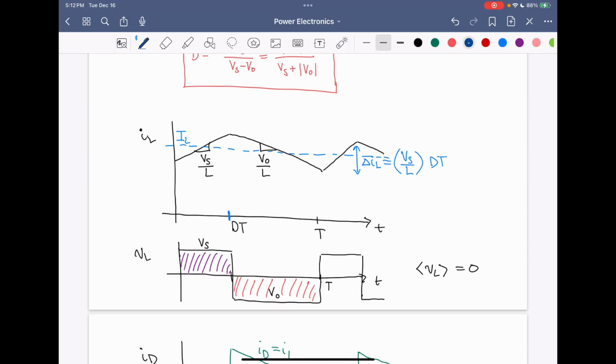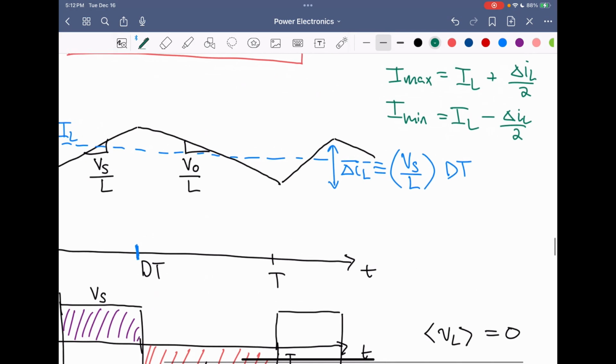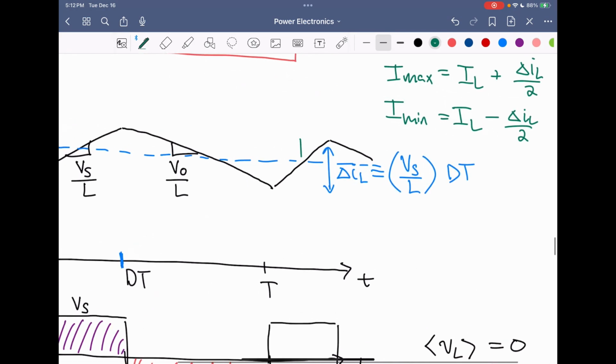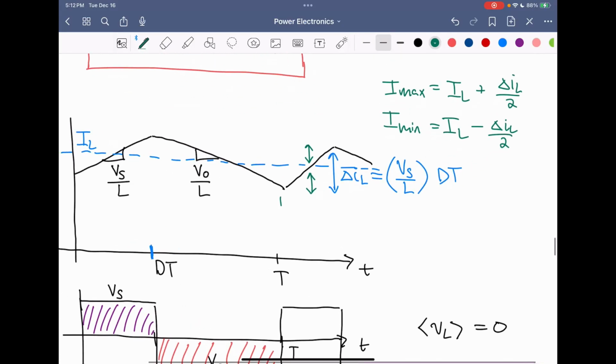Therefore, I max equals the average inductor current plus delta IL over 2, and I min is equal to IL minus delta IL over 2. This is because with delta IL over 2, we just have two equivalent parts to give us I min here and I max here.